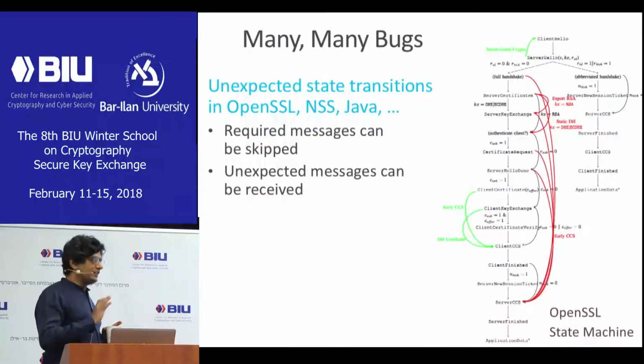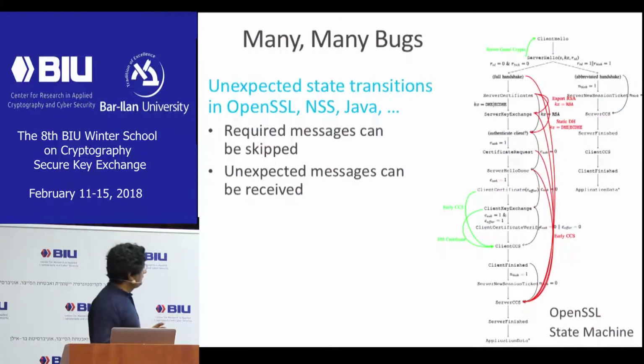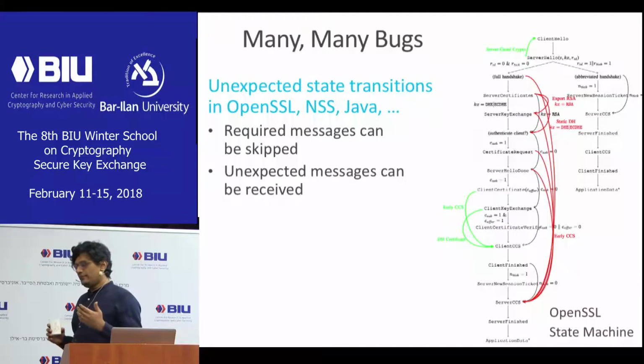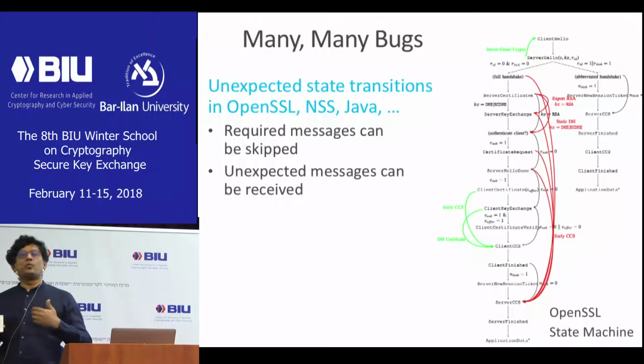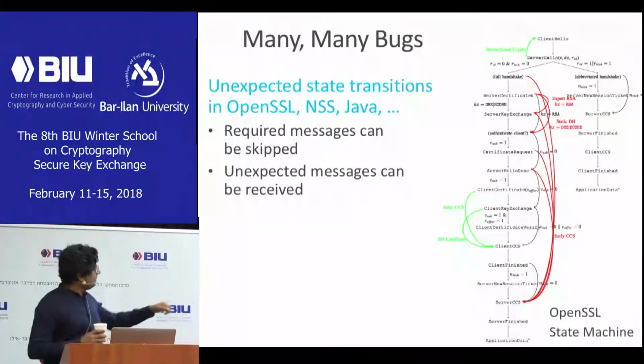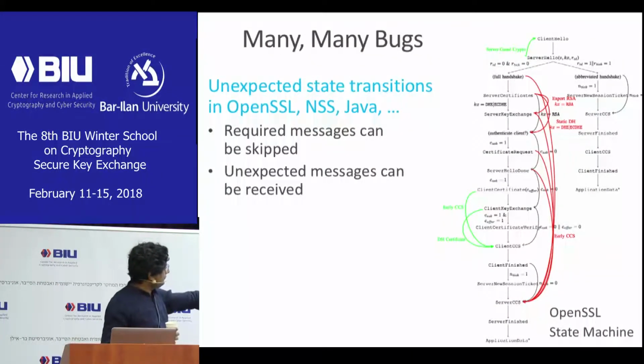So if you actually test this, and we did this, you test various implementations, you find that in fact there are lots and lots of violations. I'm calling them violations; it means they are different. They're doing something different from what I believe the TLS state machine should do. All the red arrows that you're seeing are in the OpenSSL implementation, up to a certain point.